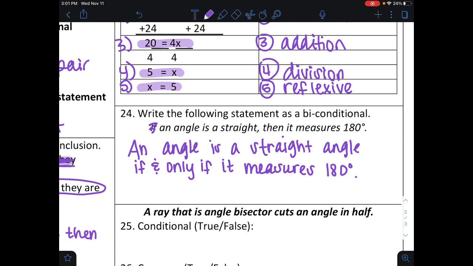So an angle is a straight angle if and only if it measures 180 degrees. So don't worry about the if, don't worry about the then. You just put if and only if between P and Q.